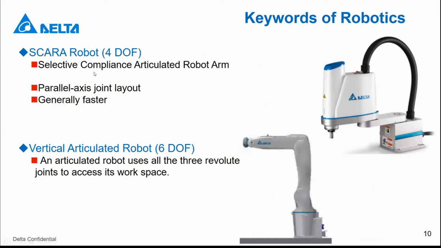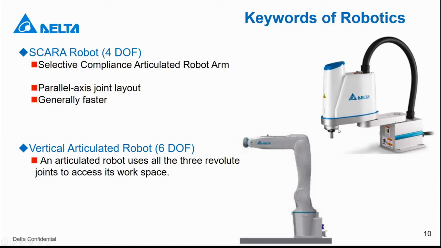First is the SCARA robot. It only has 4 degrees of freedom because it only has 4 motors in the robot arm itself. And SCARA stands for Selective Compliance Articulated Robot Arm. Why do we call it selective compliance?